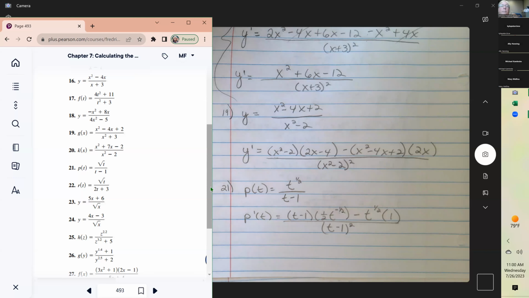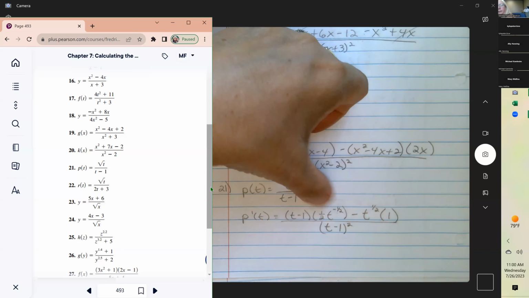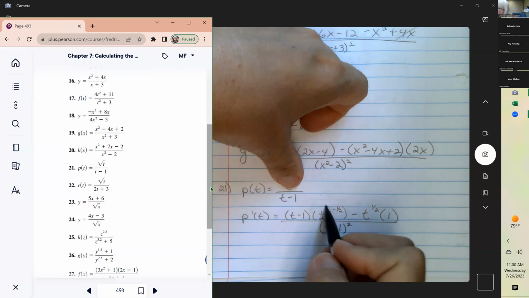Any questions on that? This one's like terms combine, but you could leave it like this if we distributed it though.